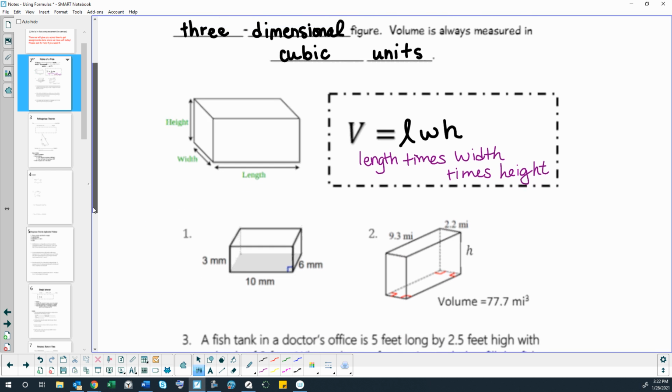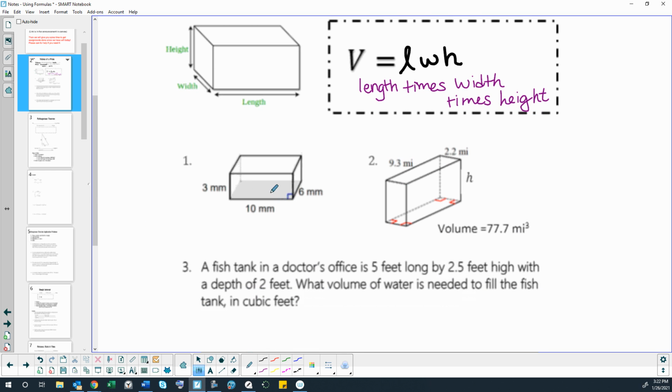Let's look at some examples. This prism has a height of 3 millimeters, a length of 10 millimeters, and a depth or width of 6 millimeters. So to find the volume, all we have to do is multiply these three numbers together in any order.